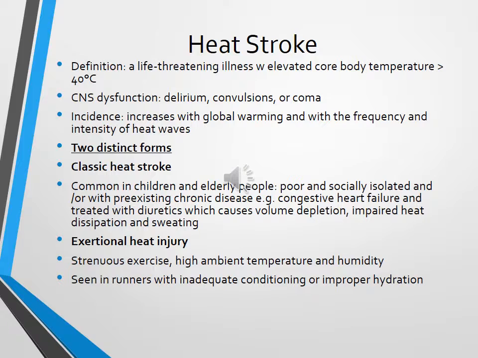There's the classic heat stroke, which is common in children and elderly people, the poor and socially isolated, or someone with a pre-existing chronic disease like CHF, or someone being treated with diuretics, which causes volume depletion, or impaired heat dissipation and sweating. Exertional heat stroke involves strenuous exercise, high ambient temperature and humidity, and a lot of times it's seen in runners with inadequate conditioning or who are not properly hydrated.